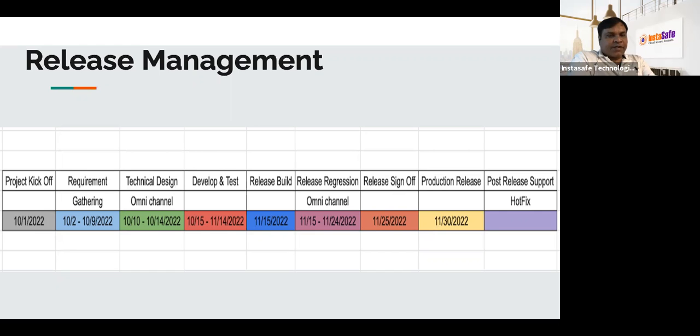If you see here, just from a timeline perspective, we started on October 1st, and by the time we delivered the project, it is almost end of November. So for each of these steps, when we are doing planning and we define that we want to release this feature at the end of November, each of these steps, requirement gathering, technical design, development, release regression, each of these phases has to honor their timelines.